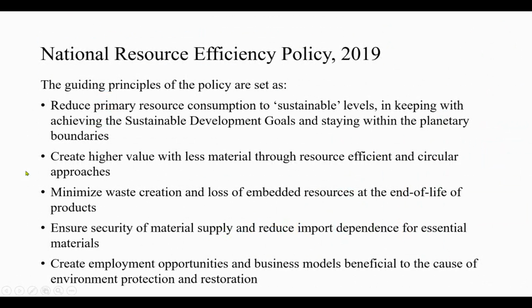But there is a National Resource Efficiency Policy, which was introduced in 2019. So we have to focus on the guidelines. The guiding principles of the policy are set as follows. I will read it properly because it is very important. Reduce primary resource consumption to sustainable levels in keeping with achieving the sustainable development goals and staying within the planetary boundaries.